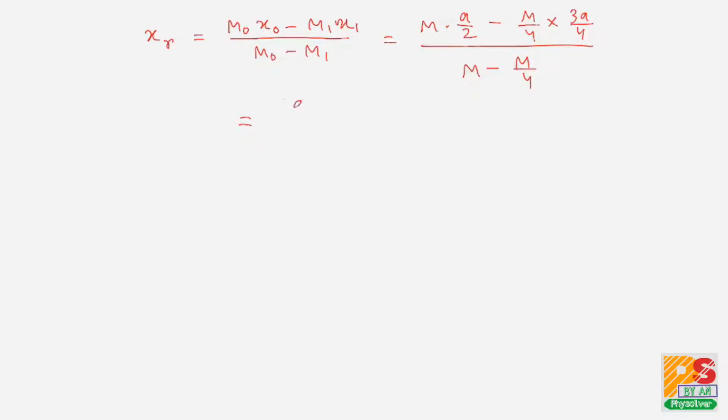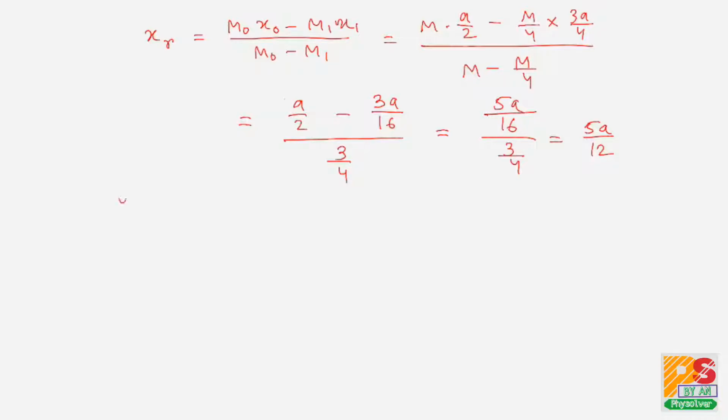So this is a by 2 minus 3a by 16 divided by 3 by 4. So 5a by 12. That is the x coordinate of the center of mass.